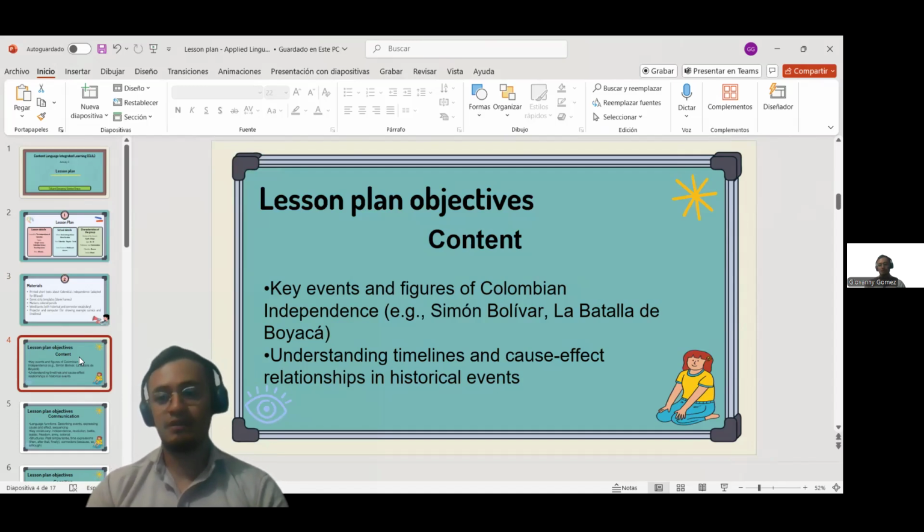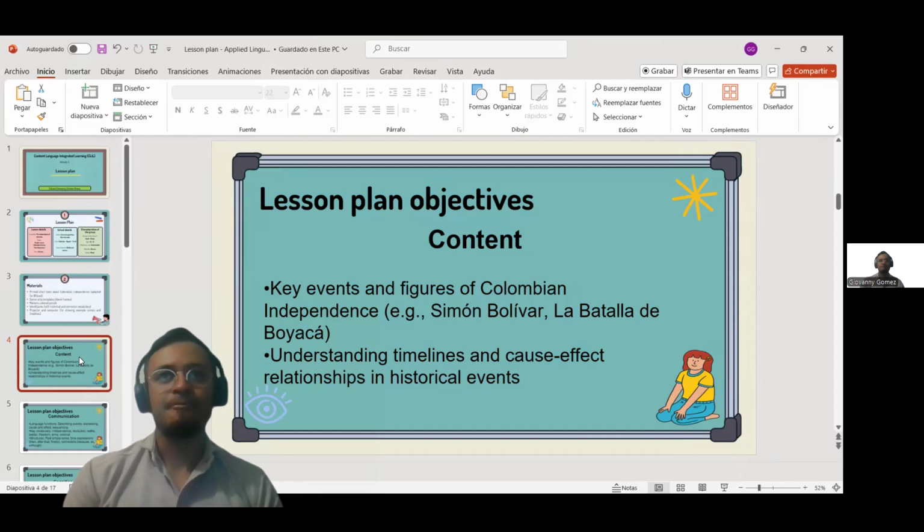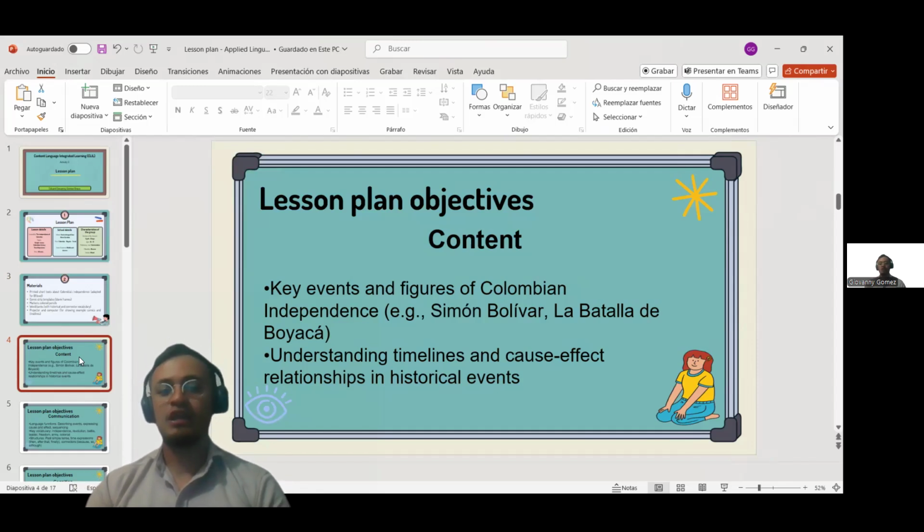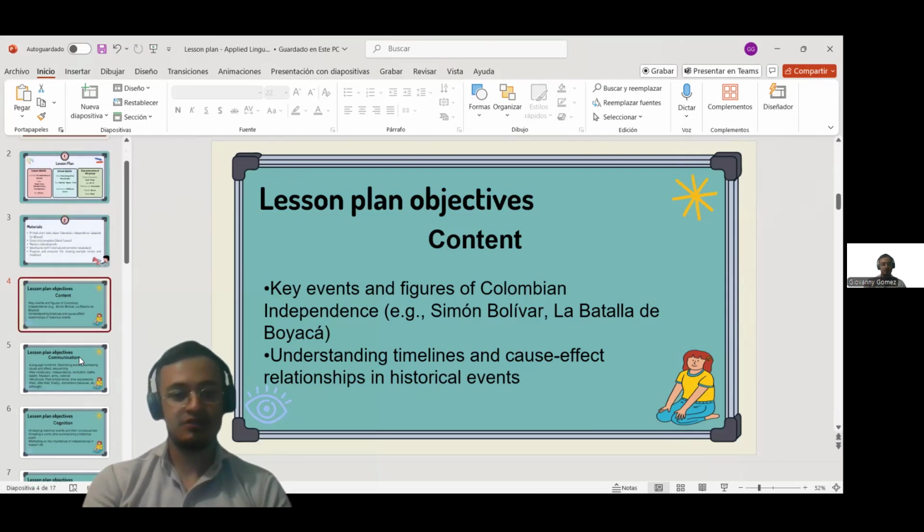That will be the first of the objectives. The students will understand the principal information of these key events. Of course, they will understand timelines and cause-effect relationships in historical events, specifically in the independence of Colombia.